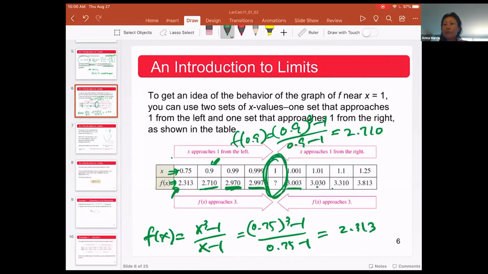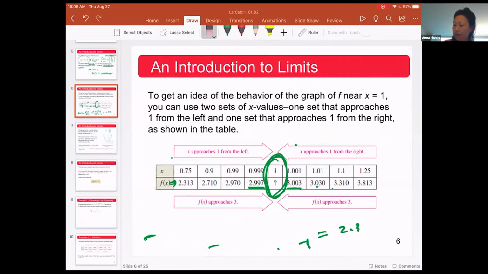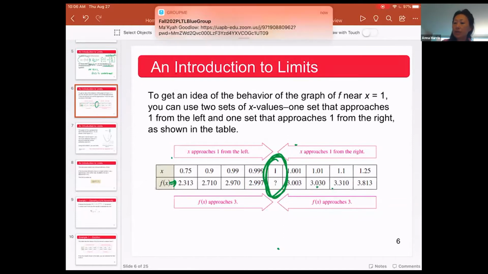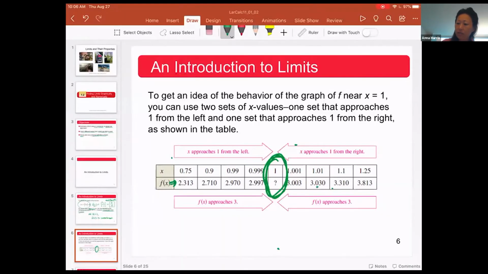Now let's look at this. I want to know what this y value approaches at x equal to 1. Can somebody see where this value is approaching? Sorry about that. Can everybody tell where this y value is approaching? Look at these values.